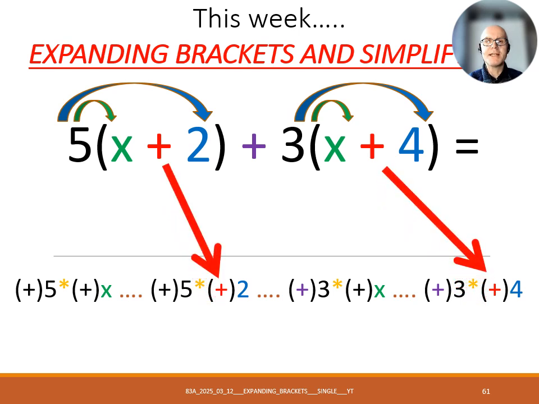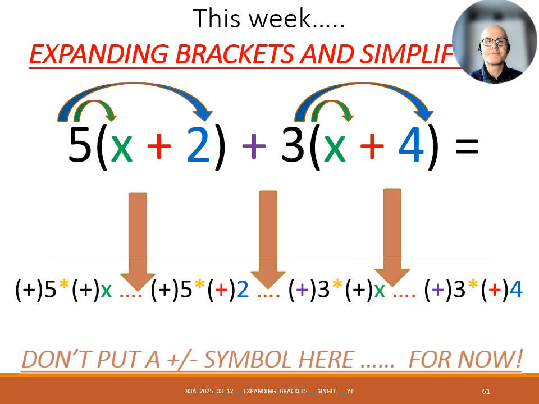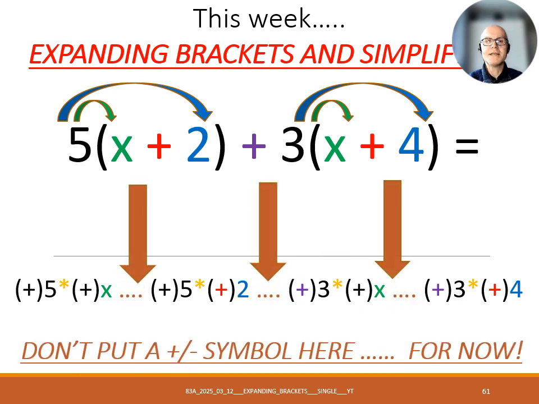Here's where the positive signs come from. And here's where these positive signs come from. Split it into 4 separate chunks, 2 single brackets, 2 chunks for this single bracket, and 2 chunks for this single bracket.